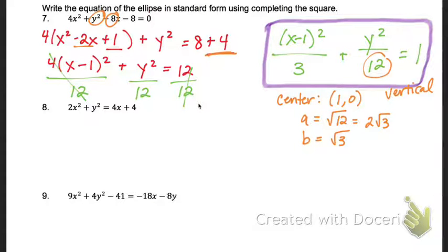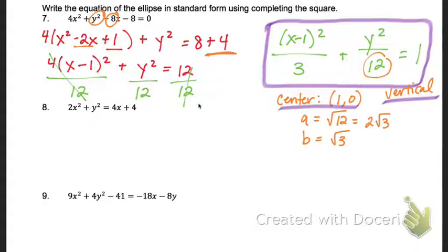From here, if I were to interpret a few things, I would know that it is a vertical ellipse because why? Because the number is bigger under the y. So my center would be at 1, 0. It is vertical because the number is bigger under the y.